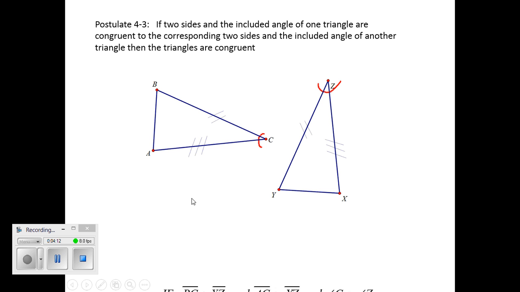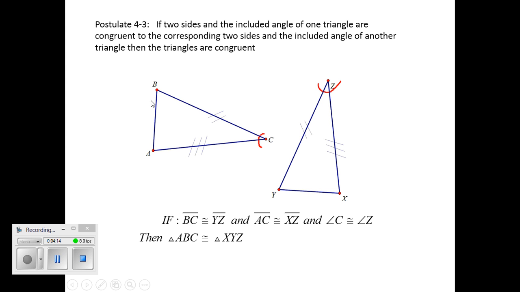So in this case, since BC is congruent with YZ, since AC is congruent with XZ, and the angle formed by them, namely angles C and Z, if that condition holds, then the two triangles are going to be congruent via the SAS. The SAS, that's the angle in between the two sides.